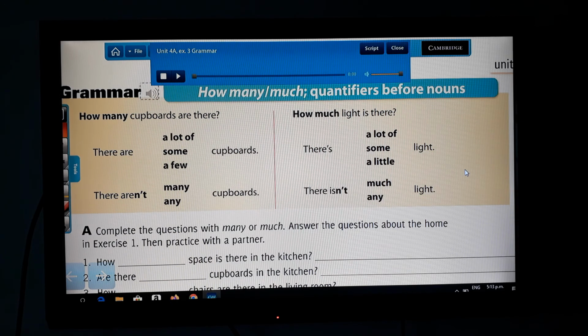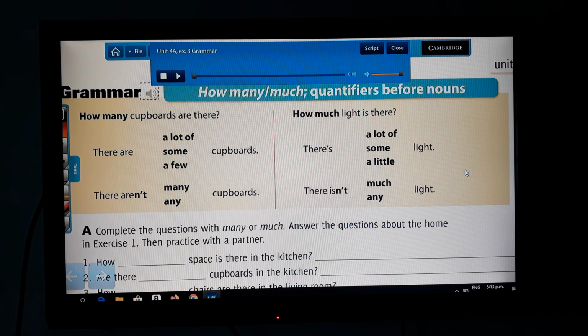Look, for example, at this moment in your house, where you are, and try to describe. You say, there are 2 rooms. There are two bathrooms. There are many chairs. But look at the light. There's a lot of light in your house. There's some light. There's a little light. It depends on the number of lamps that you have. Looking at water: there's a lot of water.